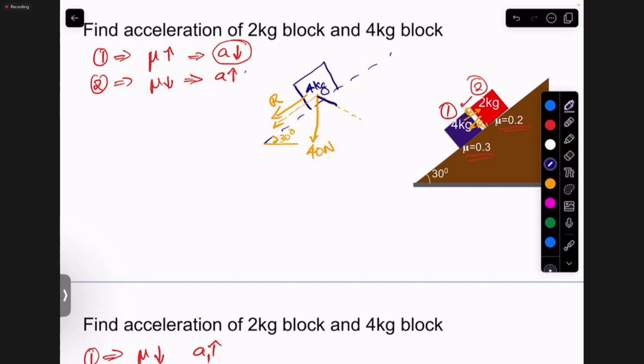So this will have cos 30, and cos 30 is root 3 by 2. Sorry, this is 40, right?